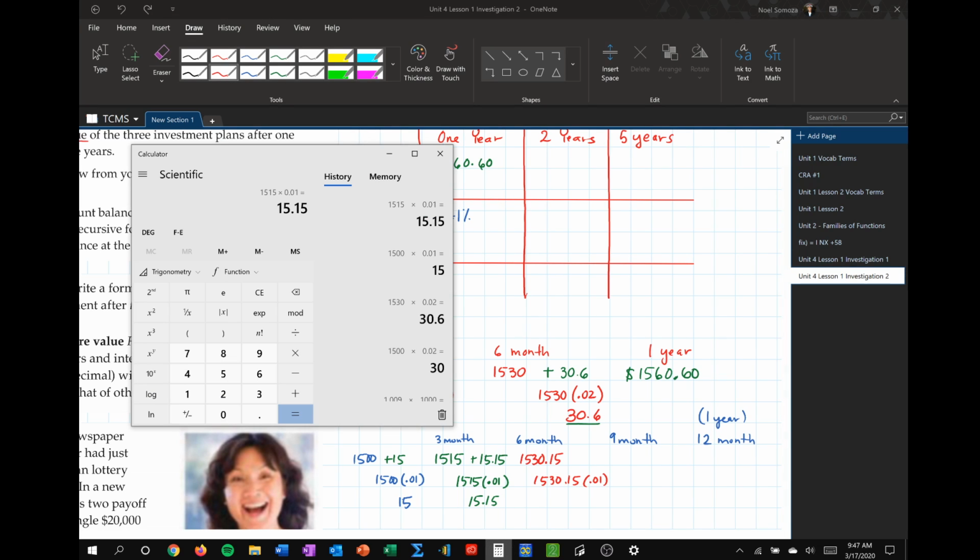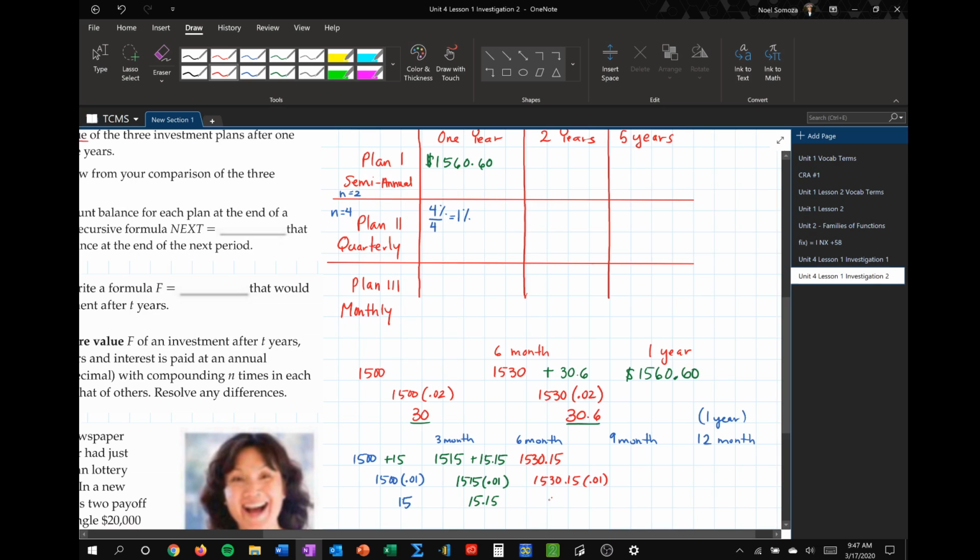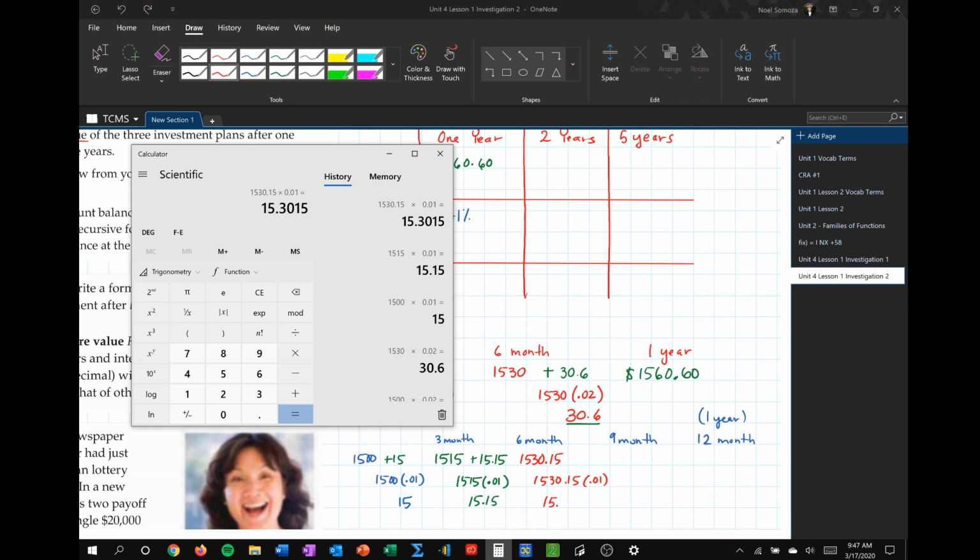So now 1530.15 times 0.01. Okay, so now at this point, this is my payment. I'm going to get $15.3015, and I'm going to use the full 4 digits there.